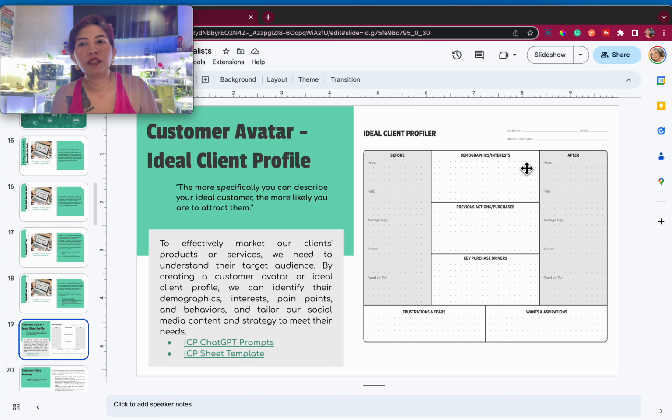It would have the demographics and interests, previous actions, purchases, key purchases, their before and after state. What is their state before they bought the client's services or products? And then what is their state after they use the products, or after they've had the service that the client provides? So we need to fill this out.